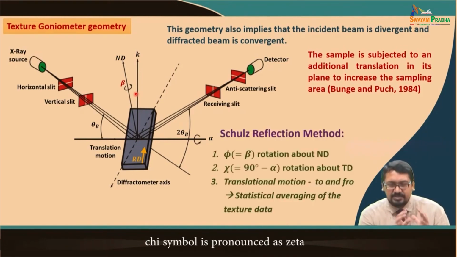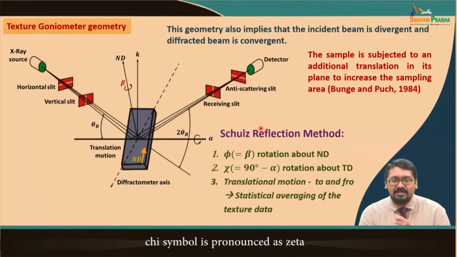So, you see, along with all this, and when the Bragg-Brentano focusing condition is met, the method which has to be satisfied to carry out this X-ray texture measurement, that is the pole figure measurement, is known as the Schulz reflection method.